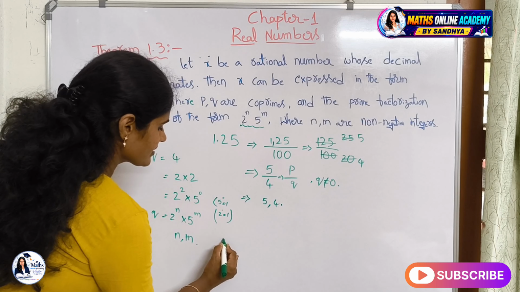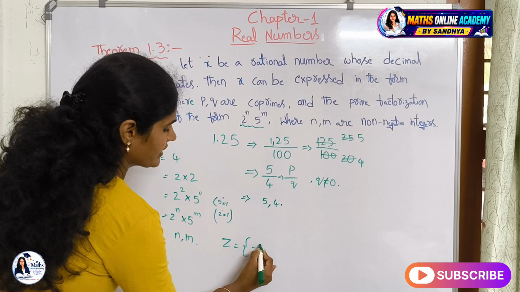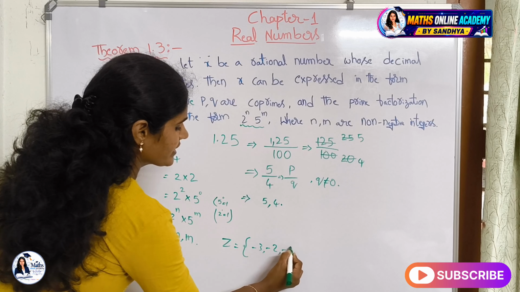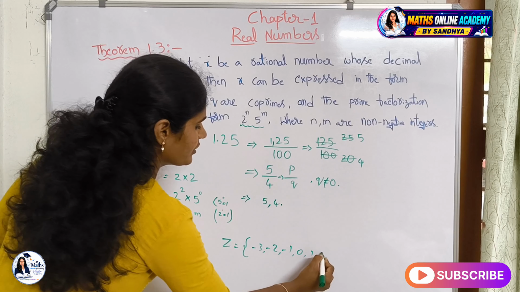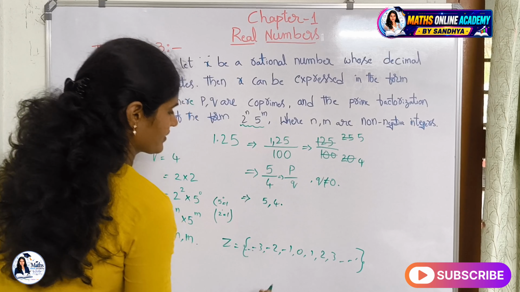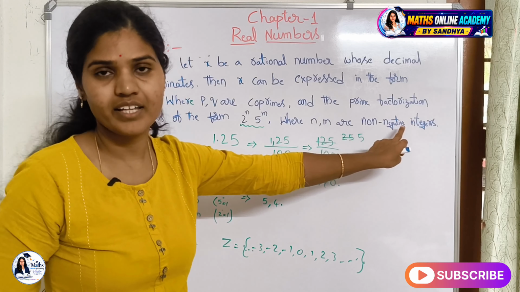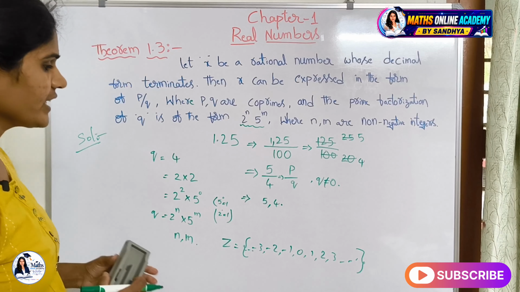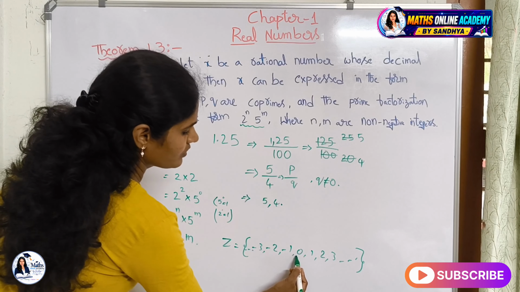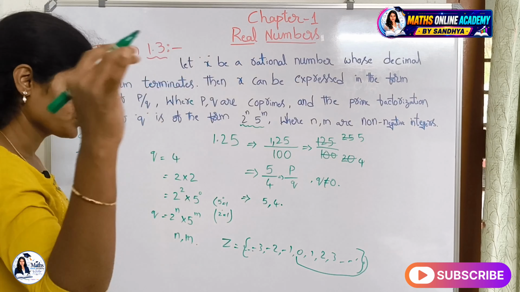What are integers? Integers Z equal to what? -3, -2, -1, 0, 1, 2, 3. These are integers. Here clearly mentioned n comma m are non-negative integers. Non-negative integers means 0, 1, 2, 3, 4, 5.